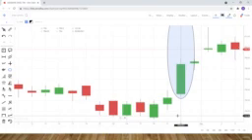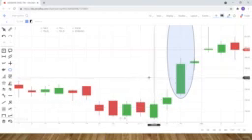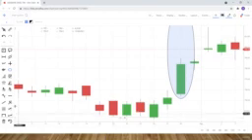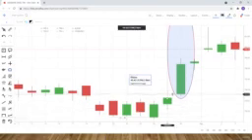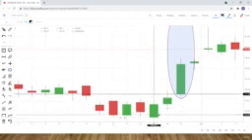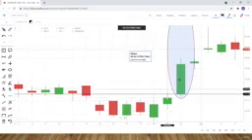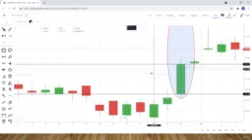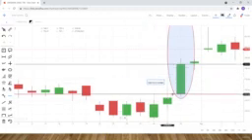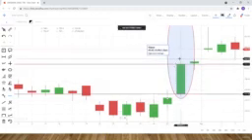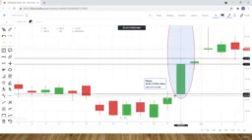Having said that it's a green color candle, its open is going to be lower and close is going to be higher. So this is the open price, and the close price would be at the upper end of the body. This is open, this is close, this is the high, and this is the low.